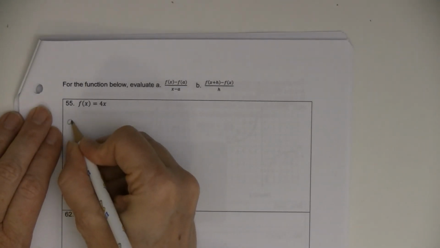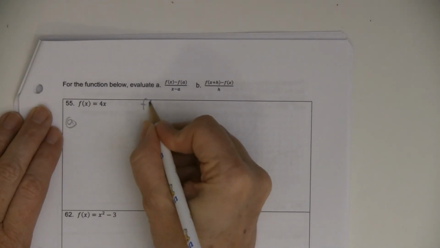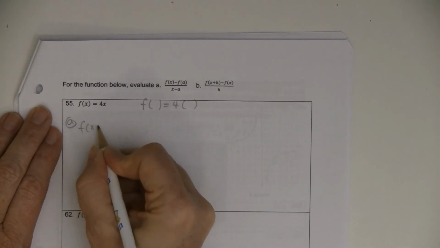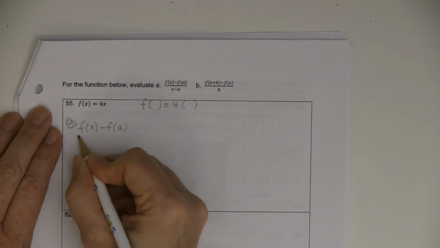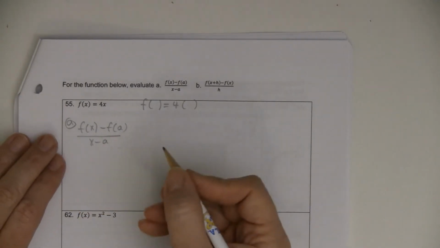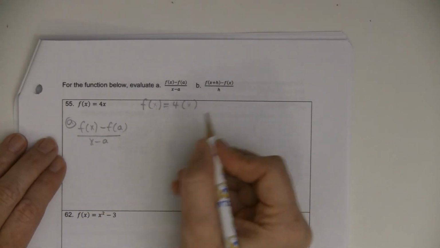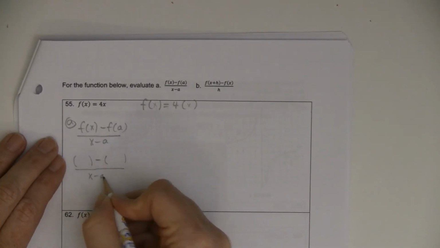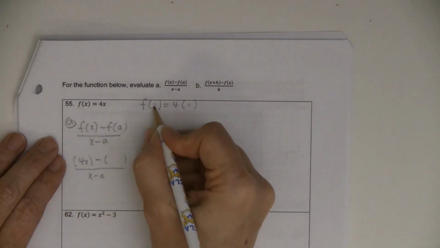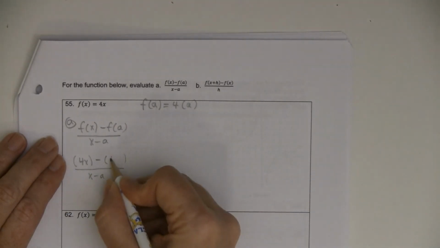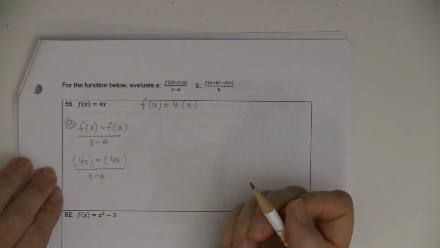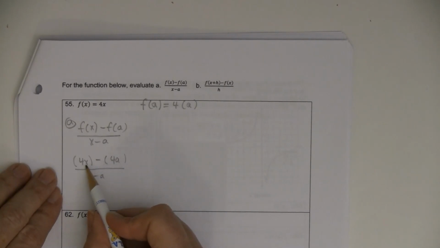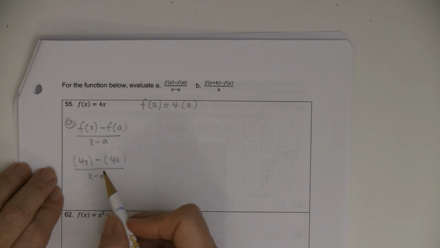So this is part A. I'm going to write this like I did before. So f at x minus f at a over x minus a. And when we put in x, we get 4x. When we put in a, we get 4a. And I'm talking quieter as if you're working on it yourself. And so when I'm subtracting those, I want to factor this.